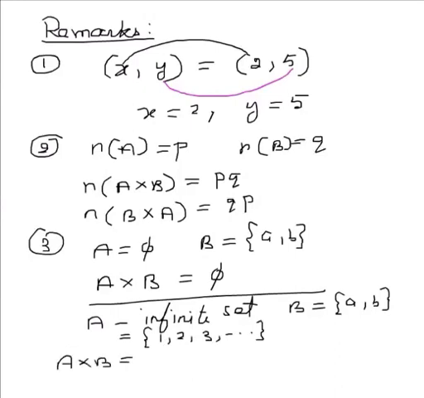A cross B will be (1,a), (1,b), (2,a), (2,b), etc. That becomes an infinite set when they are non-empty sets. If one of the sets is an infinite set, then the Cartesian product is also an infinite set.